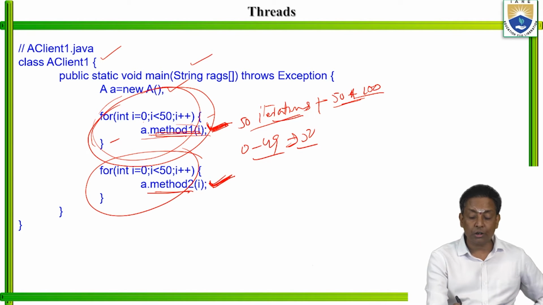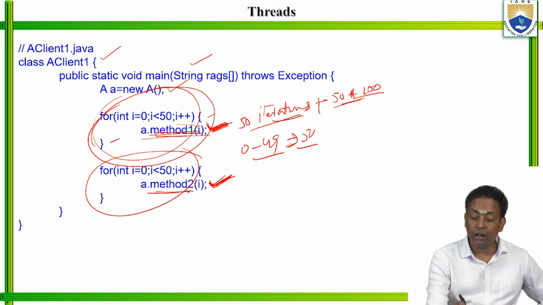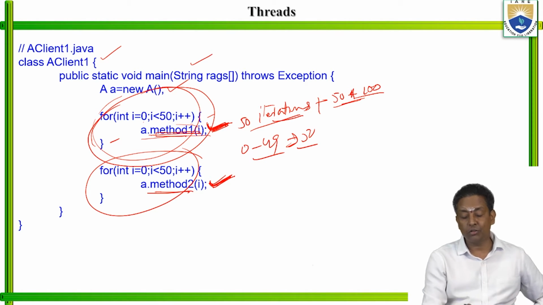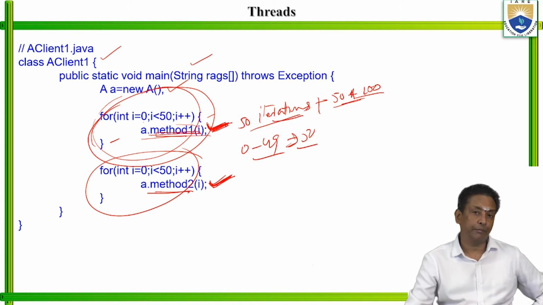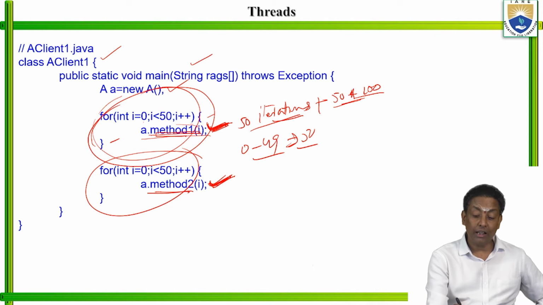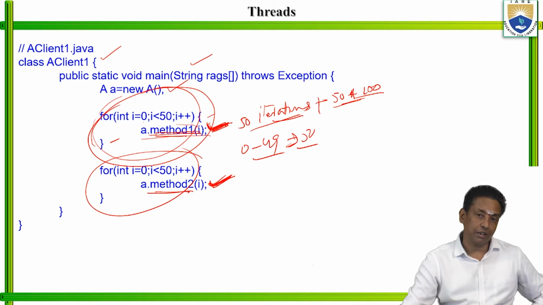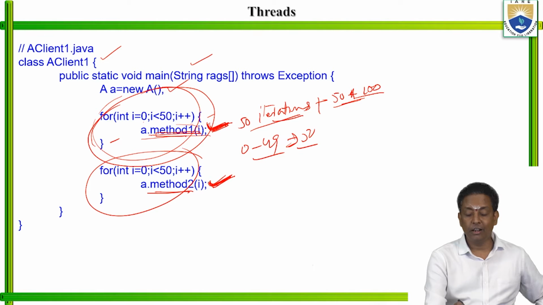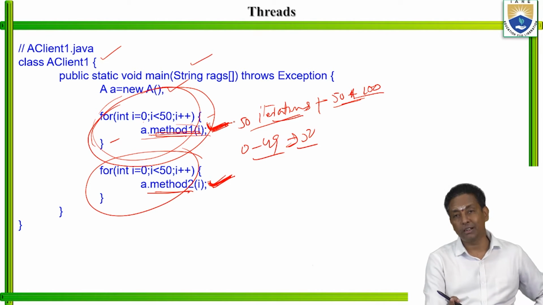If method 2's execution is purely dependent on method 1 completing its execution, there is no issue. Method 2 will wait until all of method 1's iterations finish. But if method 2 is independent of method 1, whether it is 1 iteration or 50 iterations, then why should method 2 wait for method 1 to complete its execution?